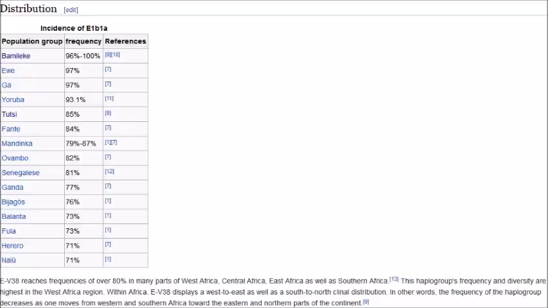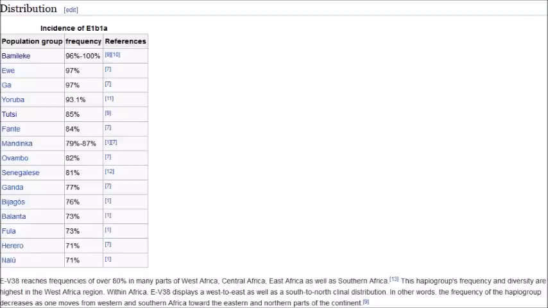Let's go down. It says EV38, which is another smaller nomenclature for E1B1A, reaches a frequency of over 80% in many parts of West Africa, Central Africa, East Africa, as well as Southern Africa. But since this haplogroup's frequency and diversity are highest in the West Africa region, of course, we all know or should know that.